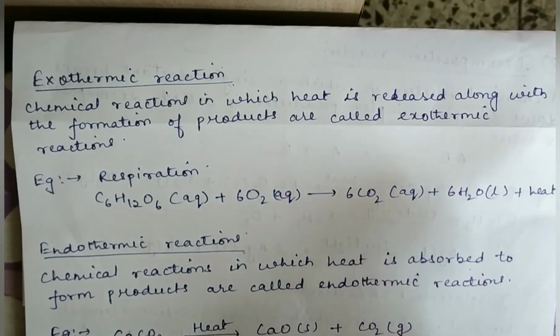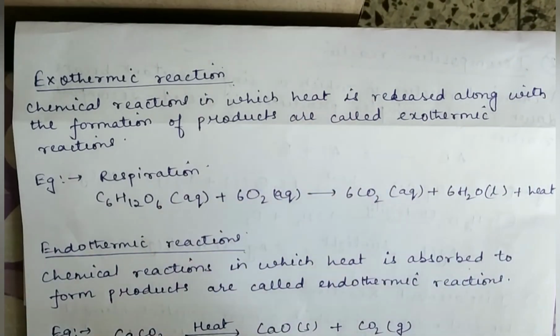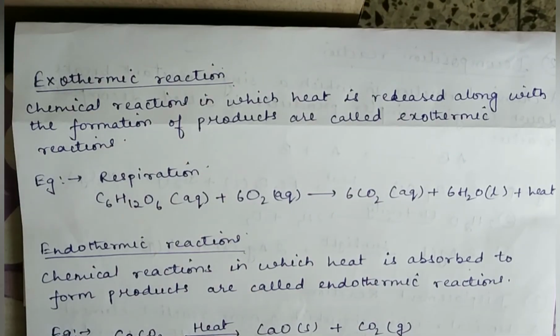And this heat produced is used for doing our activities. So it is basically the energy that we use every day. Since this reaction produces heat, it is an exothermic reaction. So respiration is an exothermic reaction.